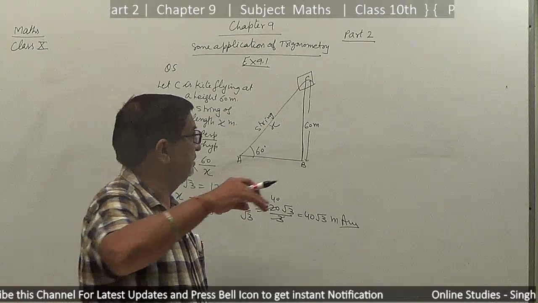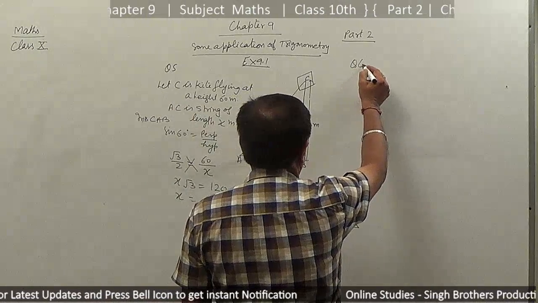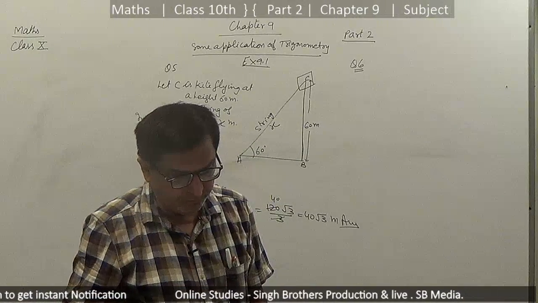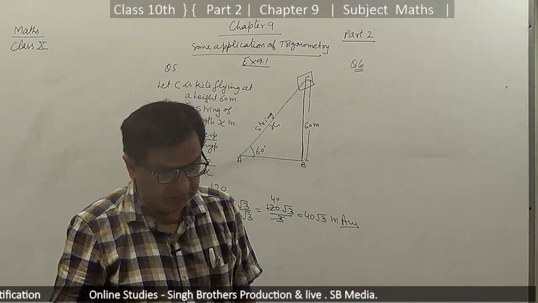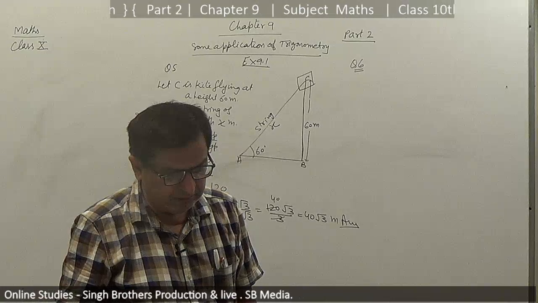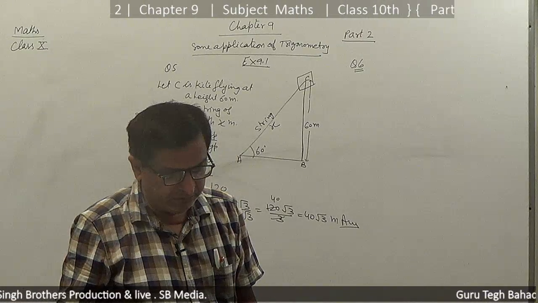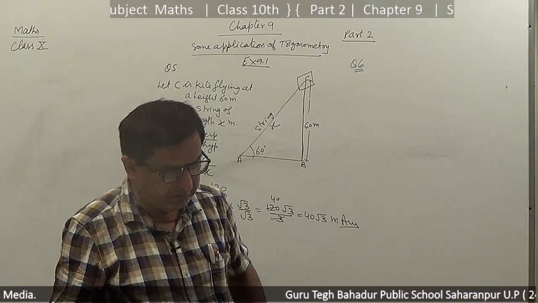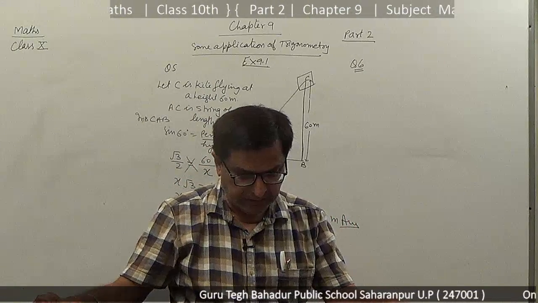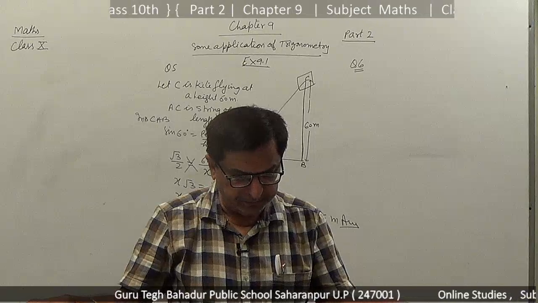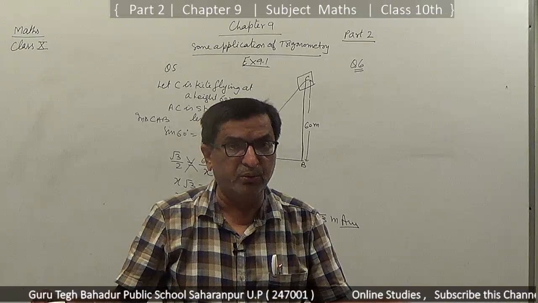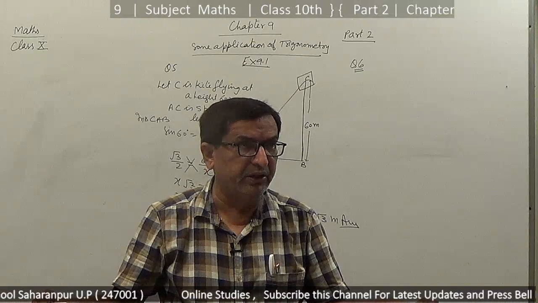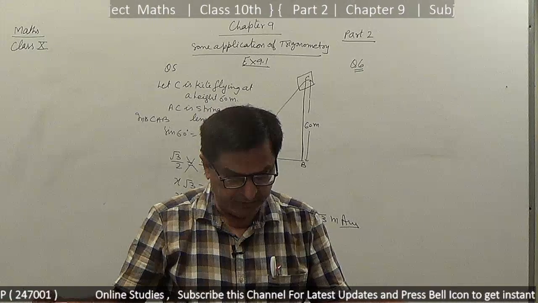See question number 6. A 1.5 meter tall boy is standing at some distance from a 30 meter tall building. Now these questions from number 6 to number 16 are all two-triangle systems. Up to question number 5 there was only one triangle.